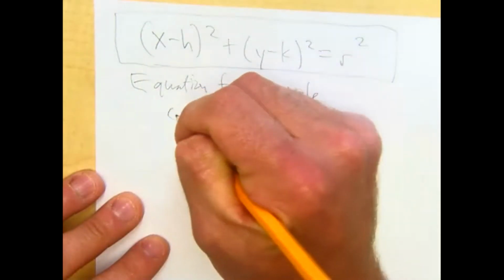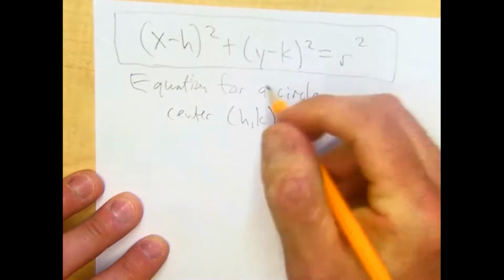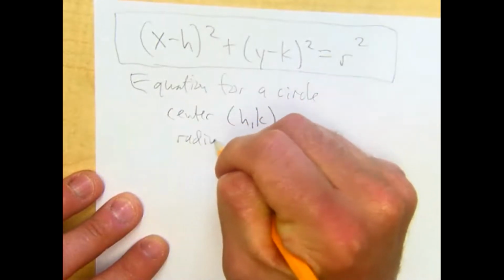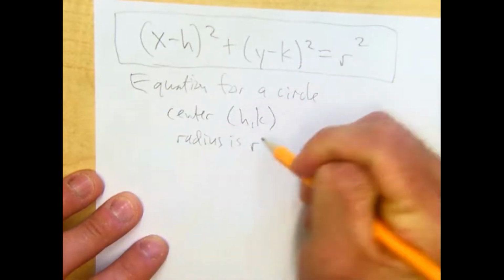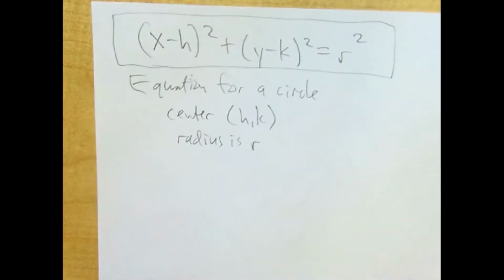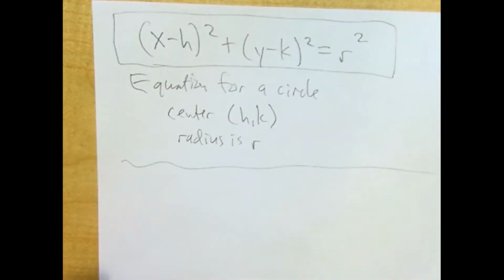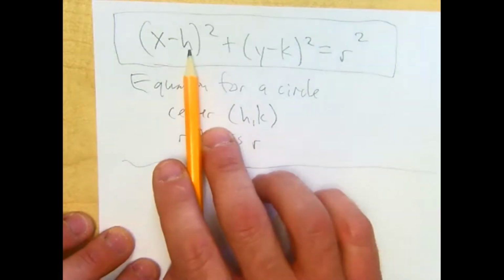The center of the circle is (h, k), and the radius is obviously r. That probably looks kind of confusing, but let's do one more example, see if you got it. It's saying if you know the center, you just put it here and here.